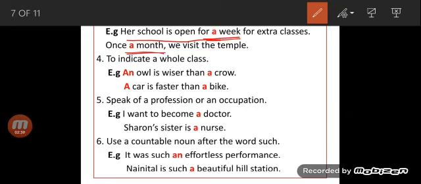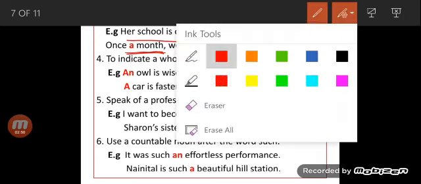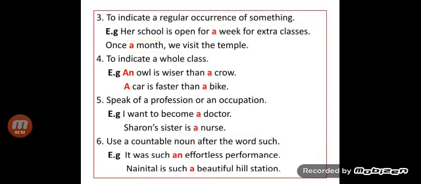So here we used the article a for the period of time. So for a regular occurrence of something or an event, we use articles a and an.